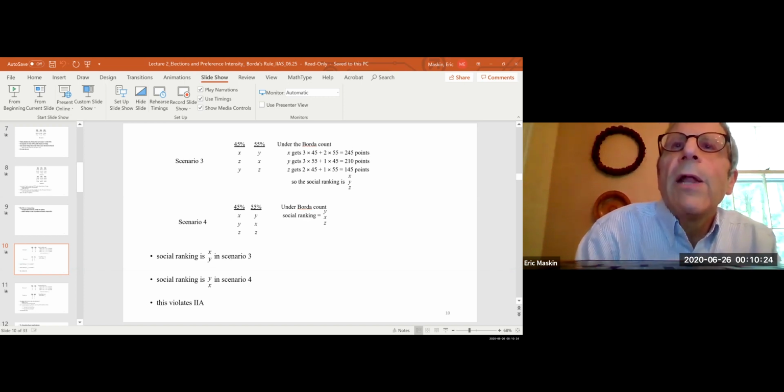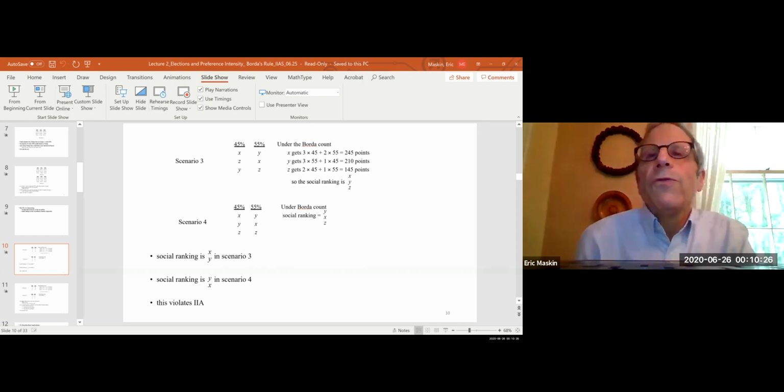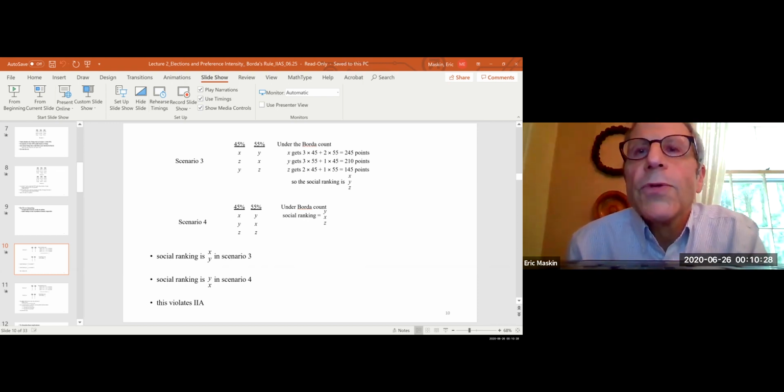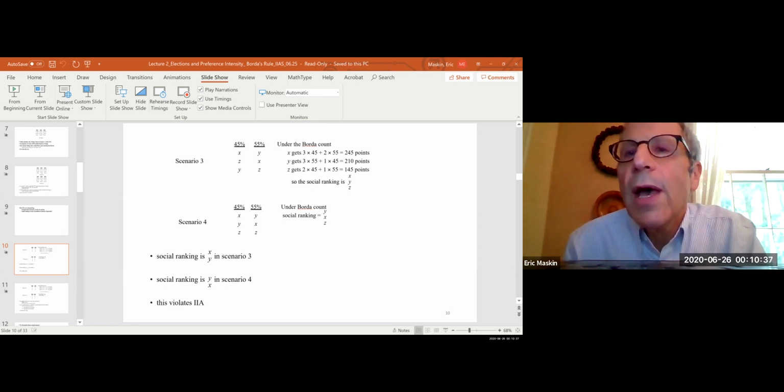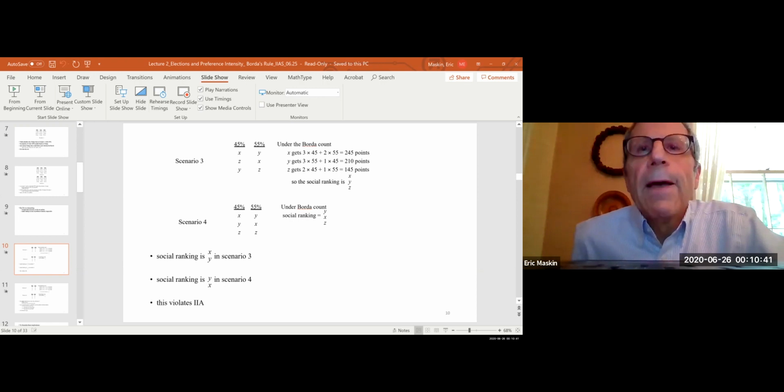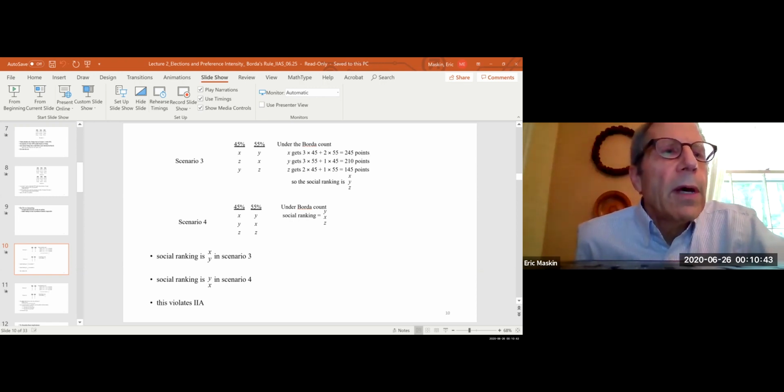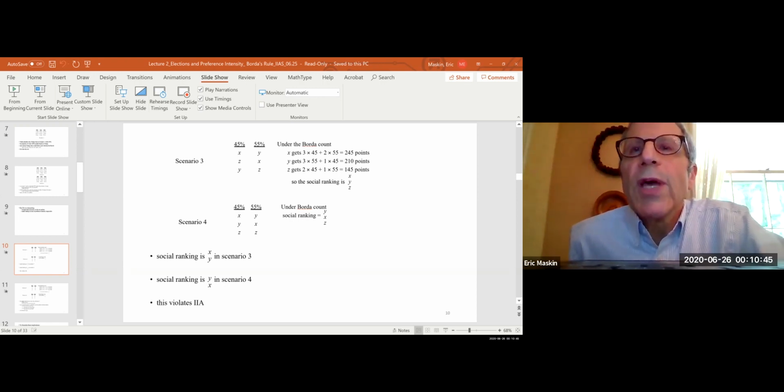We have 100 years of data on elections in the lower house of parliament, so 100 years of rankings. We can see from those rankings how often we don't get Condorcet winners.